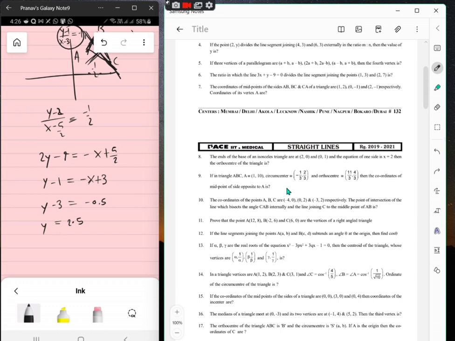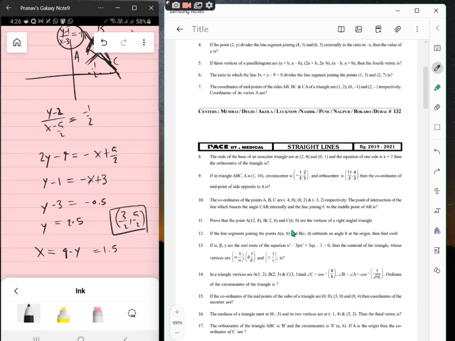So now you know what y is. It's just 5 by 2. From that, you can figure out what x is. X is 4 minus y. So 4 minus 2.5, that is 1.5. So this will be 3 by 2 comma 5 by 2, I think. That is our point. Cool.